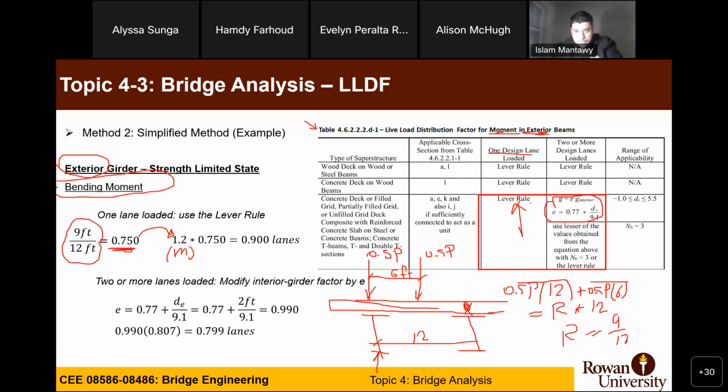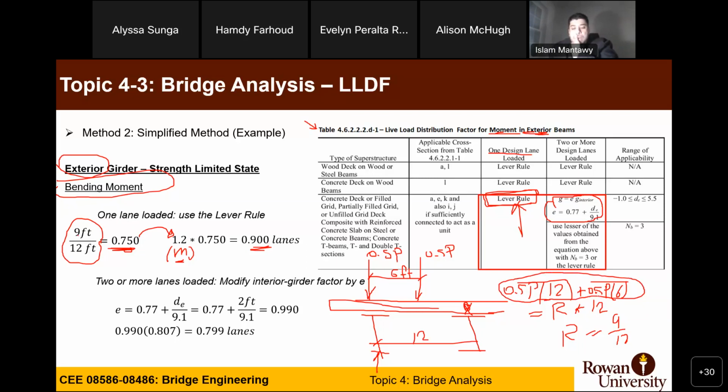So it becomes 0.9, correct? Where does the 9 feet come from? It's just the addition of those 2 parts: 0.5P times 12 plus 0.5P times 6, so 6 plus 3, 9.